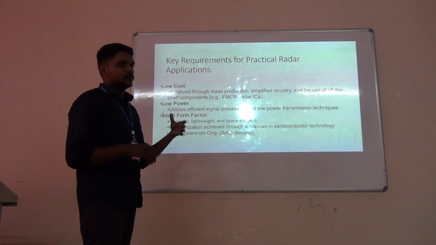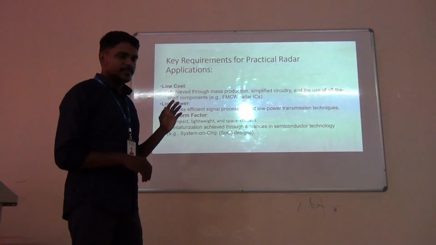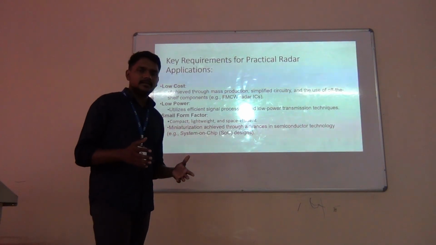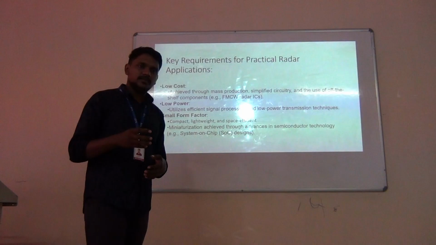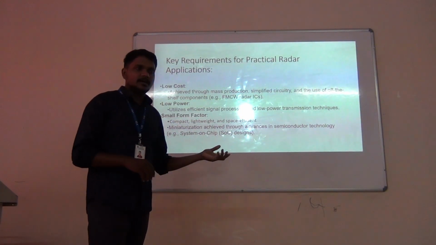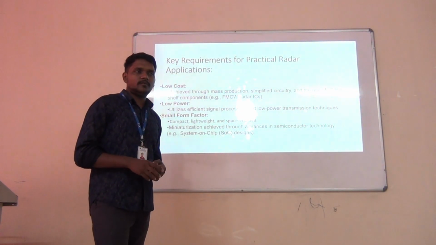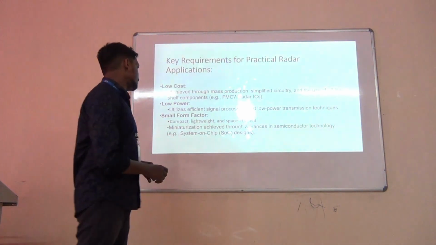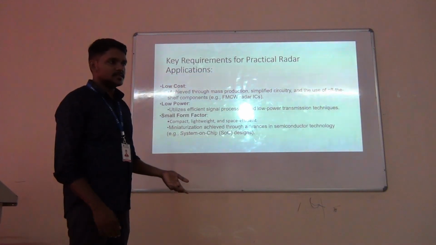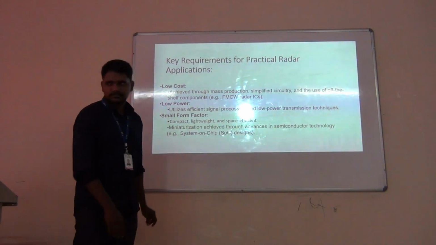If you are using it for a drone application, then low power is a very important thing, because if you are carrying a heavy battery, then the payload itself will take much energy and consume a lot of power from the battery, and it will not be a good thing for the motors to run, right? So we will be seeing how these requirements are met with current industrial radar.